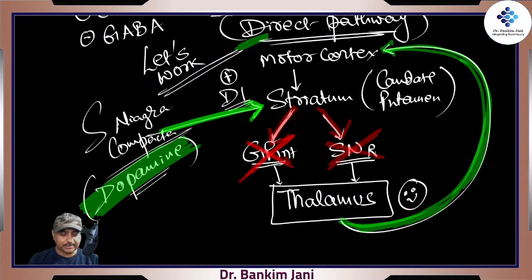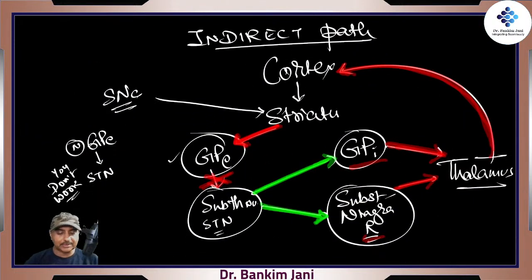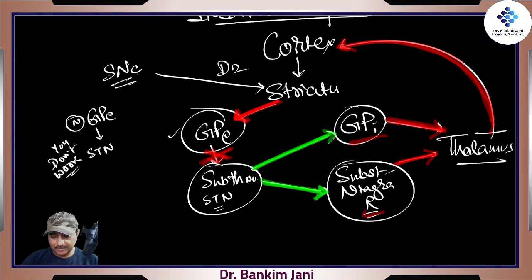the way we talked about this substantia nigra compacta, that it is the dopamine, this is D1, right? It is very logical and easy to understand what substantia nigra will do here, because the indirect pathway is to stop. So which receptor will it be working on? It has to be D2, right? It is the same dopamine, but this time it is D2. We talked about it, that D1 is for direct and D2 is for indirect. Do you remember it? Right?